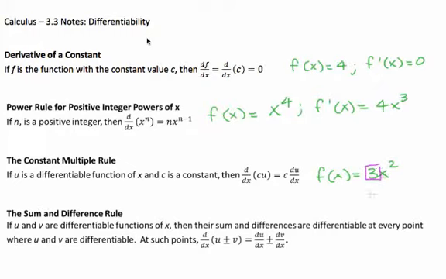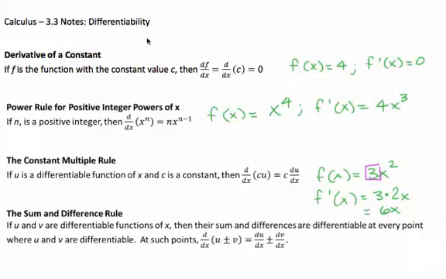So we would just take the 3 times the derivative of x squared. Well, what does that look like? Well, that's a great question. So this would be f prime of x equals 3 times 2x. That 2x is just like what we did a second ago. So what is this really? 6x. Okay? So all we're going to do is take that exponent now and multiply it with the constant in front. Oh, this is so much easier.